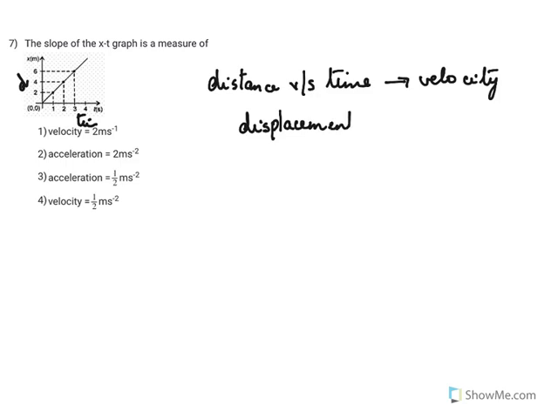From the graph we find the displacement, and we find the time for which the displacement has taken place. So here at this point the distance d1 is 0, and then at this point here the distance d2 is 6 meters.